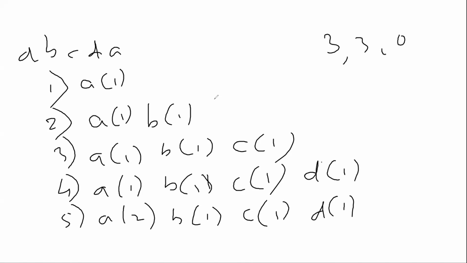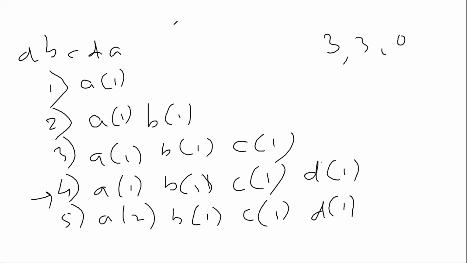If I go to 3, I will go to this one, right? No, this 3 will be 4. Why 4? Because 3 is 0 based, right? Yeah, so I'll go to 4.